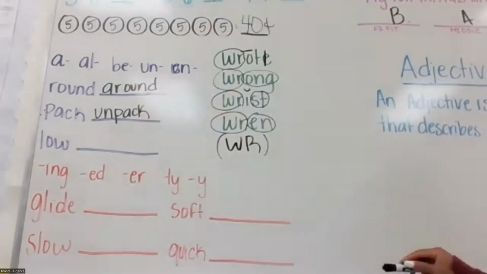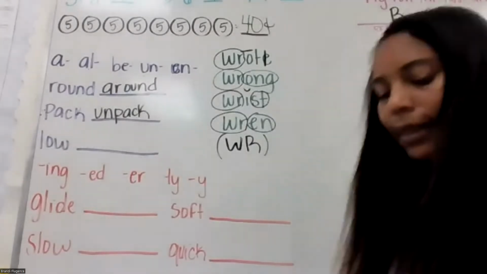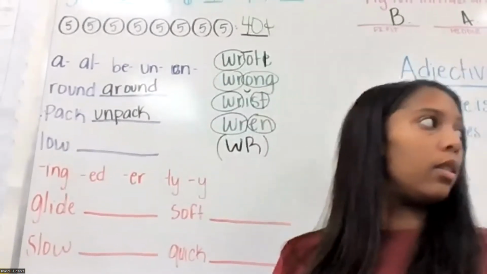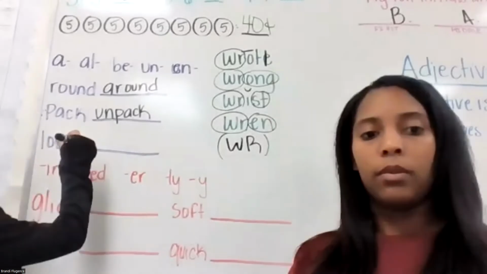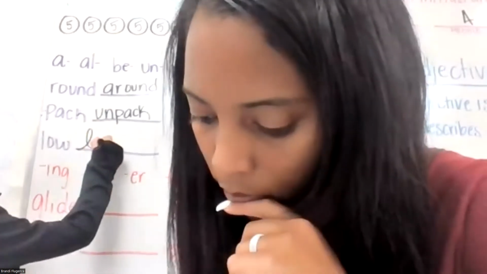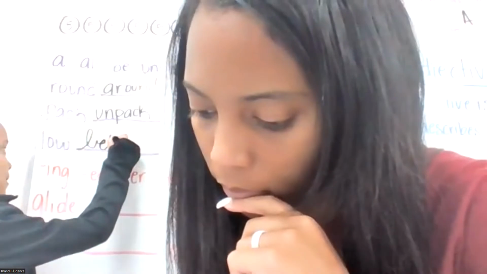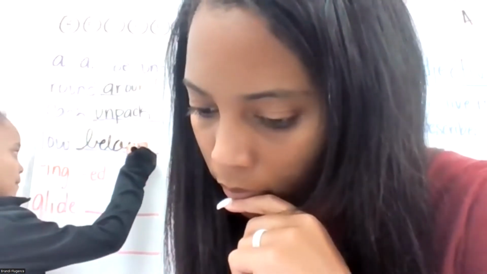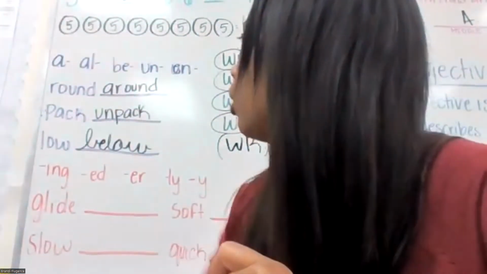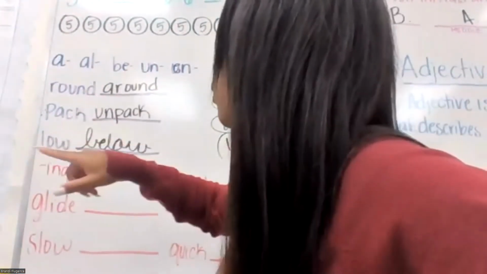Got them. Make a new word. Y'all can get that crossword puzzle. Be low. Good. Prefix be to root word low.